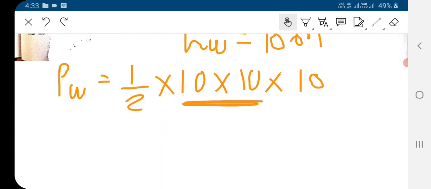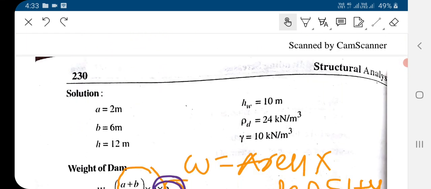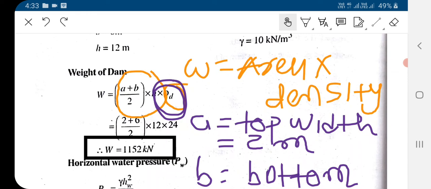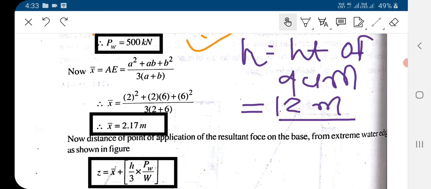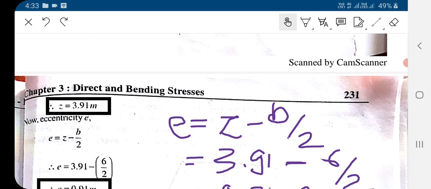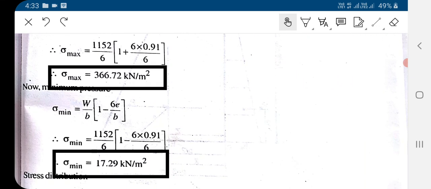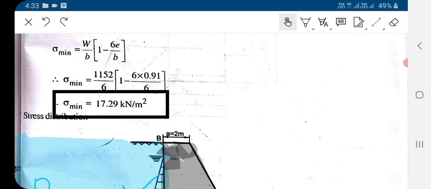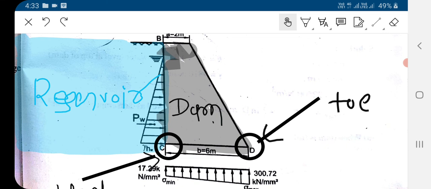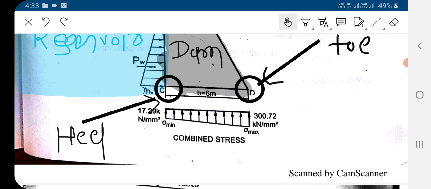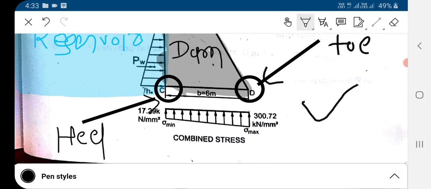So we first compute the forces acting over this dam. The two major forces that we have to compute are the weight of the dam and the water pressure. By using these two, the eccentricity calculation is done. Based on this eccentricity calculation, by putting in the maximum and minimum stress equations, we can find out the maximum and minimum combined stresses, and likewise we can draw this distribution diagram.